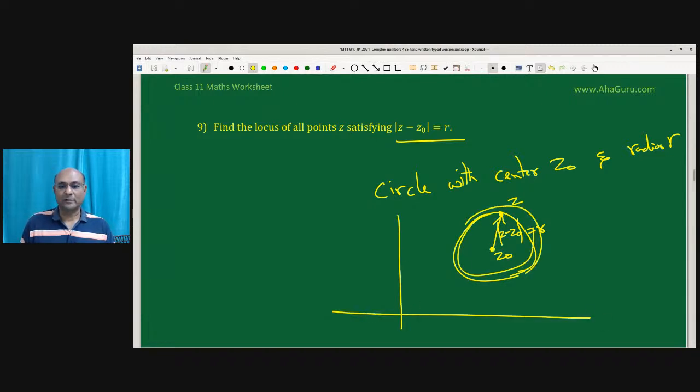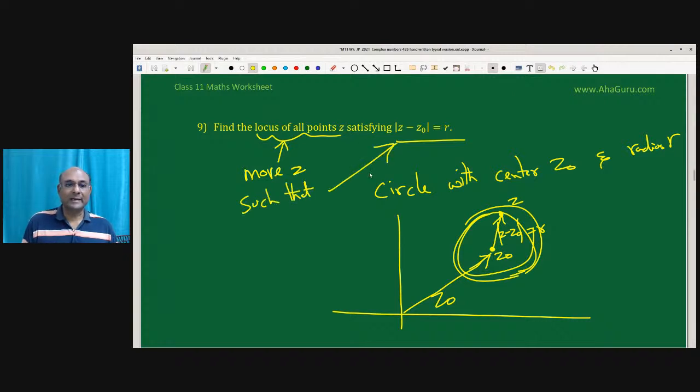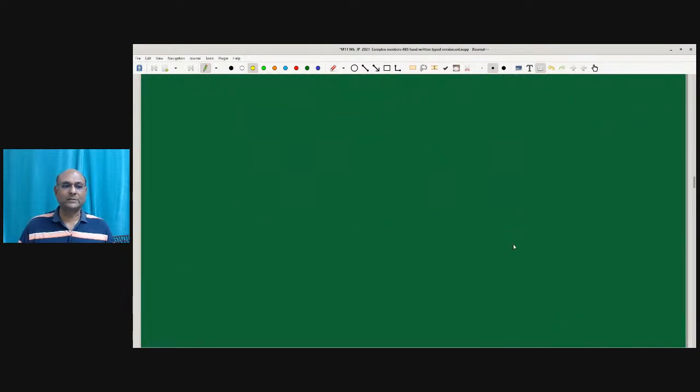So Z0 is this point. Could be any point. Okay, Z minus Z0. Z0 is the center. All points Z. Locus just simply means move Z along such that the condition is satisfied. How do you move Z along such that this condition is satisfied? Well, you have to move it along a circle. So this I have already explained. I'm not going to do this 9th question.